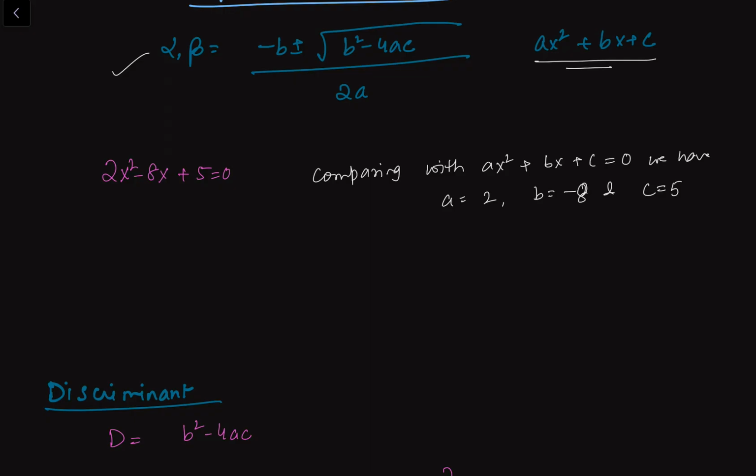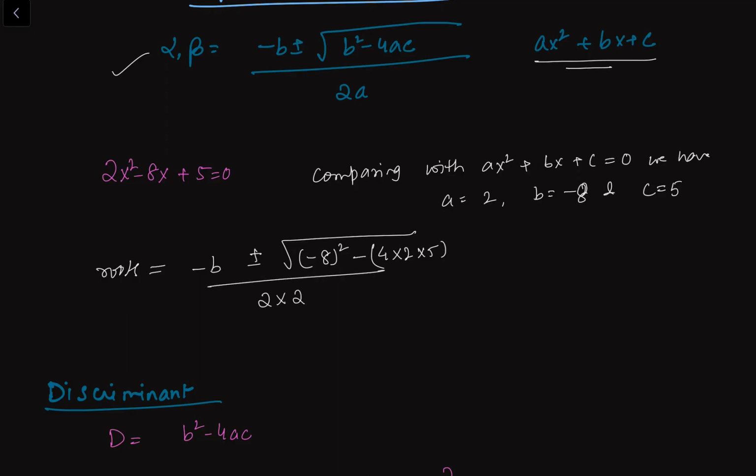Now it's very easy, simple calculation, minus b. So roots, you can write as minus b plus minus square root of b square, which is minus 8 square, minus 4 into 2 into 5, by 2 into 2. Okay, I wrote b here.